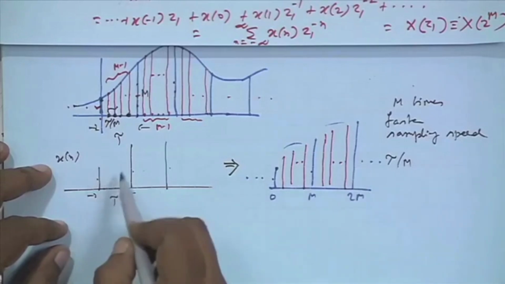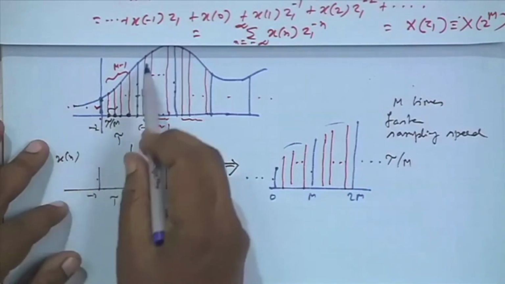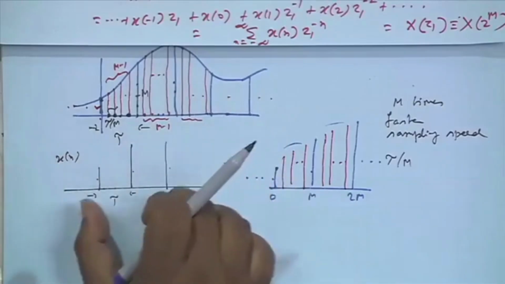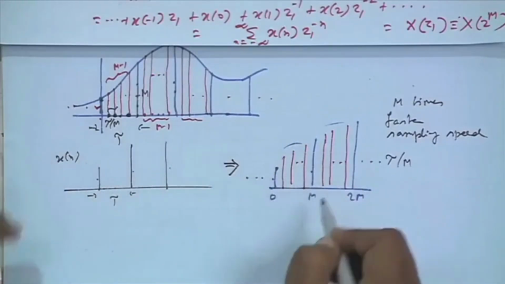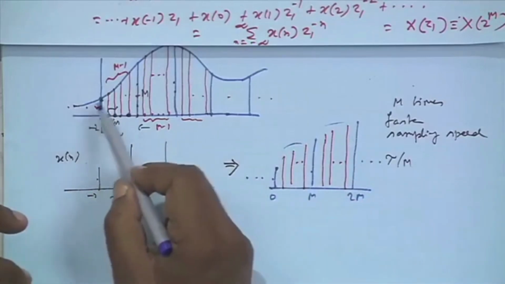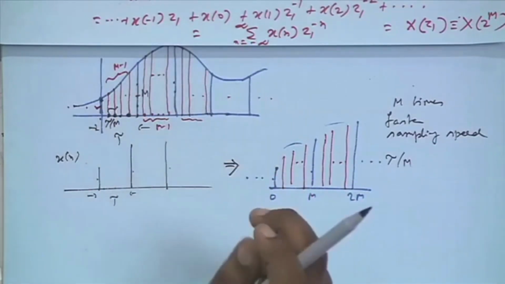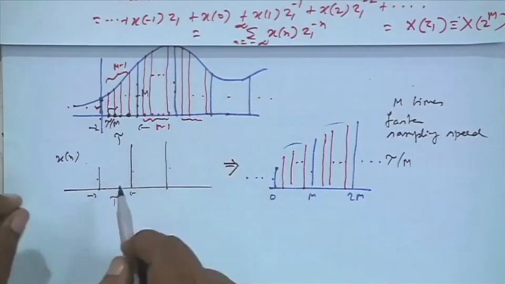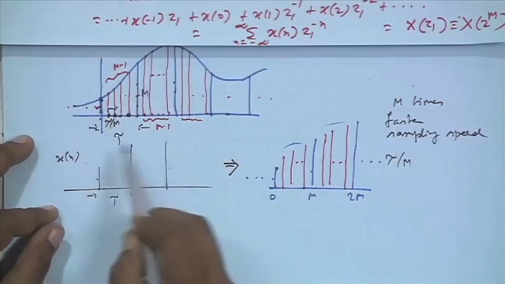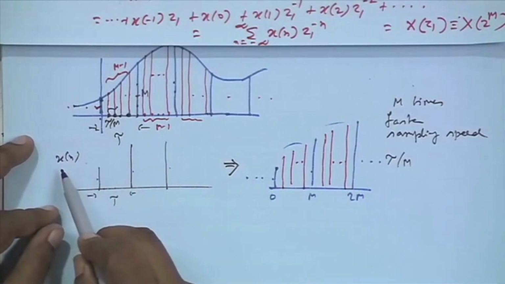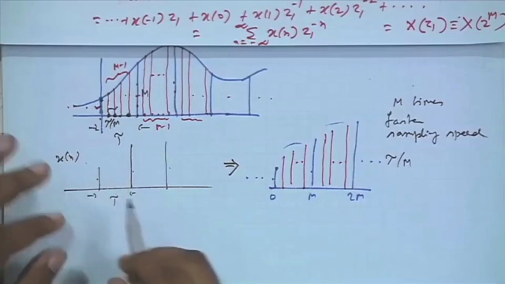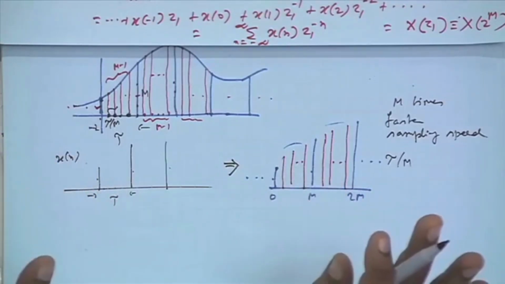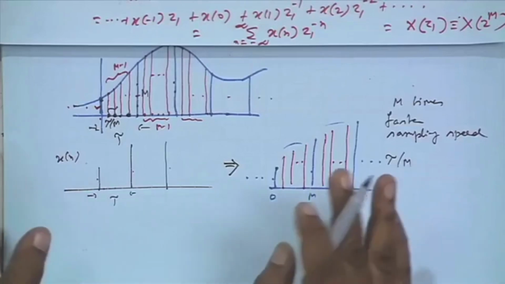The intermediate samples I could have got if the analog function was still available, I could have resampled it, but that is gone. So, how do I recover those intermediate samples which I would have got if I had sampled originally at the higher rate, at a sampling period tau by m? But yes, by processing this low sampling rate sequence x n, there is a way by which I can reconstruct these intermediate samples exactly, without any error, without any approximation, and this business is called interpolation.